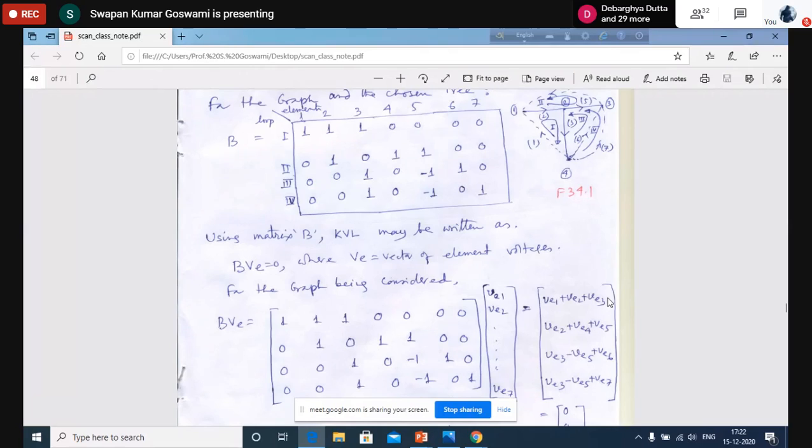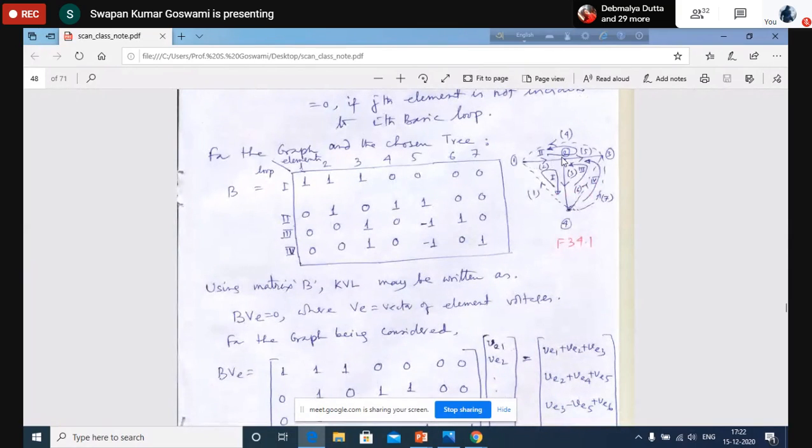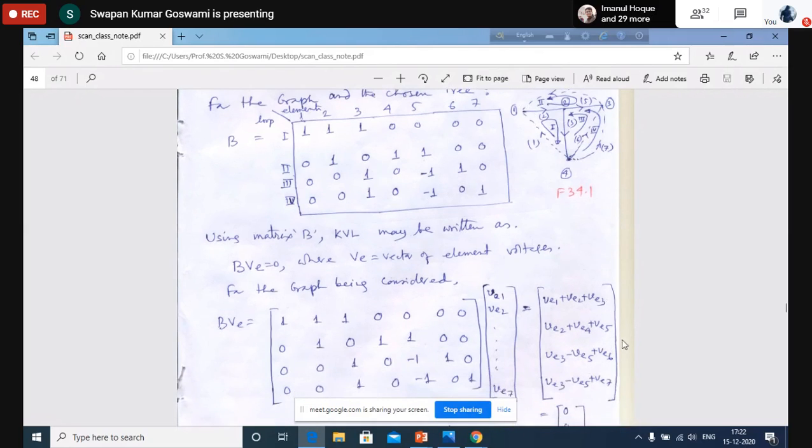So this is equal to 0. Similarly, this is V2 plus V4 plus V5 in loop 2. Again, it is the sum of all voltages in loop 2, and that also should be equal to 0.